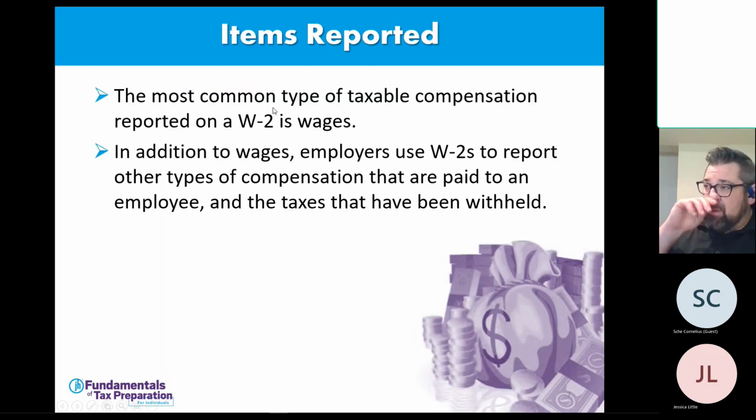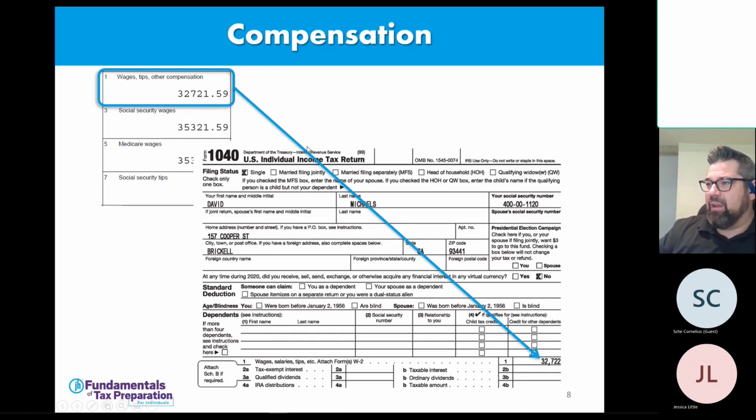So as I was discussing earlier, the most common form of taxable income is the W-2. There are other types of income, but we deal with W-2 primarily, along with a little bit of self-employment income.